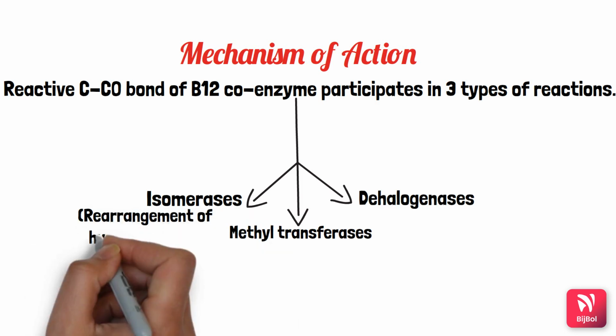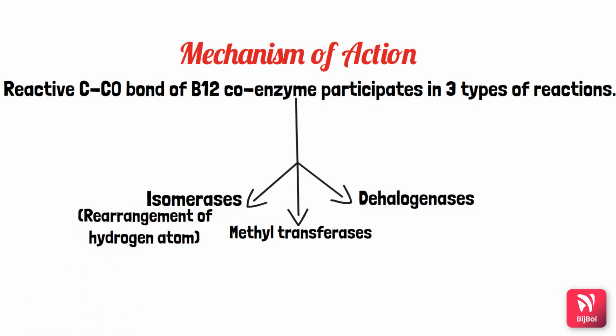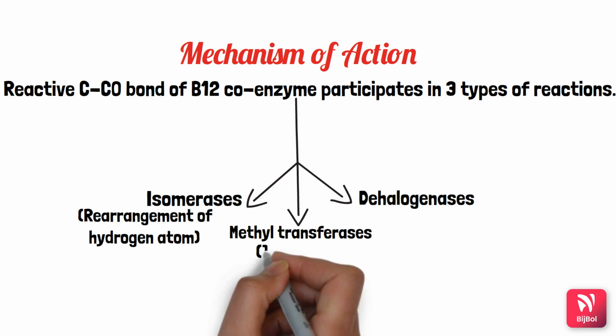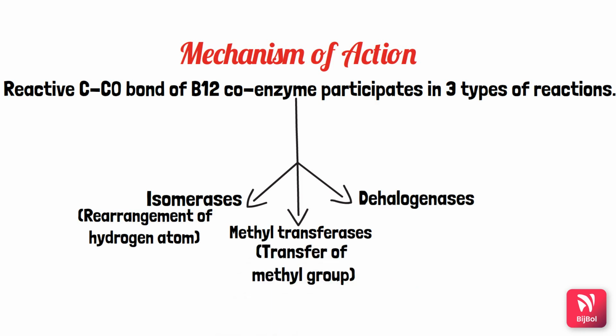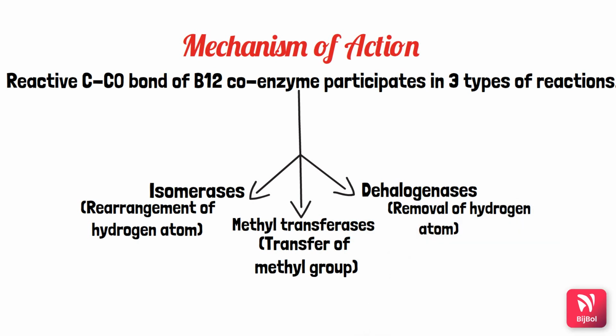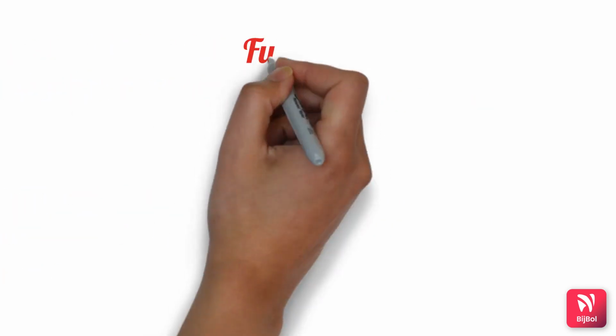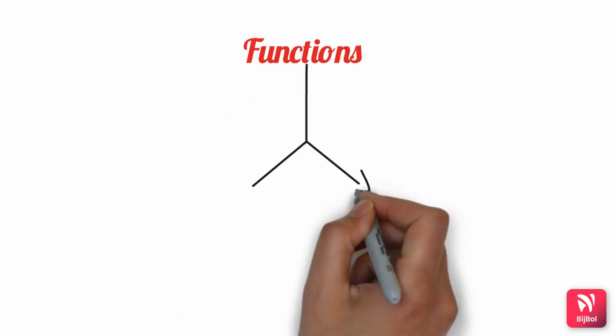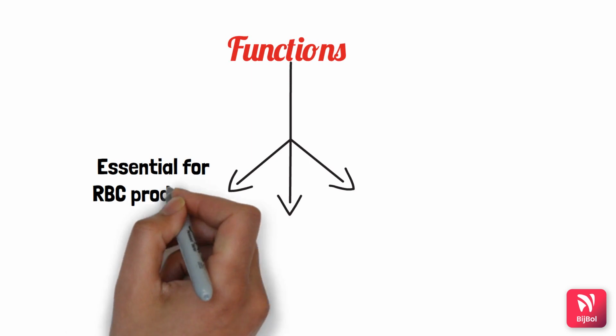They rearrange the hydrogen atom from one substrate molecule to the other substrate molecule. Methyltransferases transfer the methyl group from the substrate molecule. The dehalogenases remove the halogen atom from the substrate molecule. So the reactive C-Co bond of vitamin B12 coenzyme participates in these 3 types of reactions involving these 3 types of enzymes.